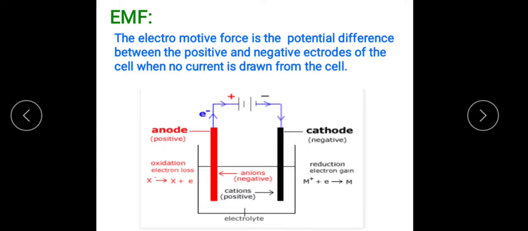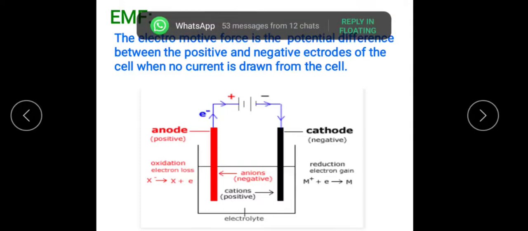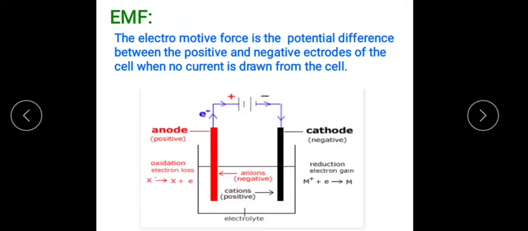While this current flows from the positive electrode to the negative electrode, it also flows through the electrolyte, and the electrolyte through which the current flows has a resistance. If the current is flowing through this electrolyte, there should be some resistance, which we call internal resistance.